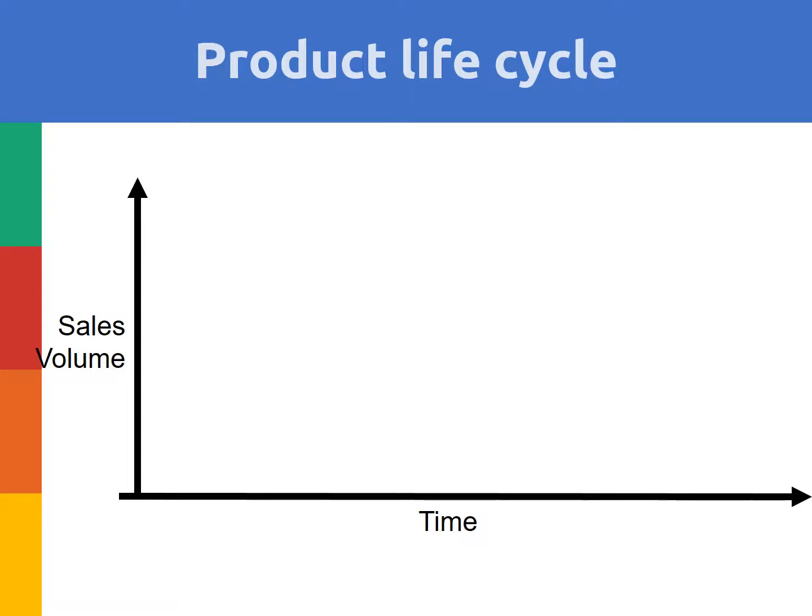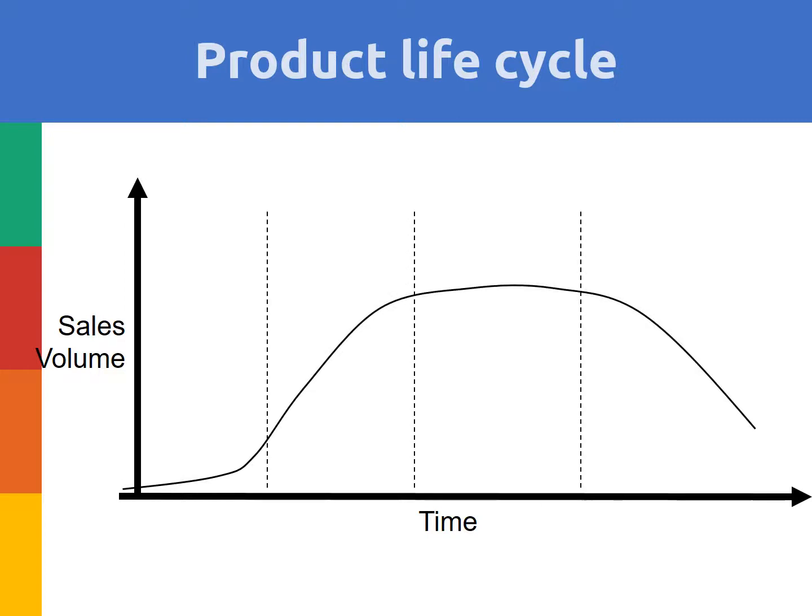The product life cycle is a useful concept for a business when making decisions, including pricing decisions. According to this model, a product will go through various stages, which are linked to sales volumes. So initially, when a product is introduced to the market, sales volumes will be low.